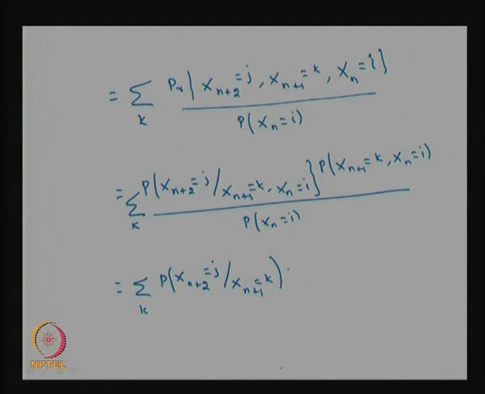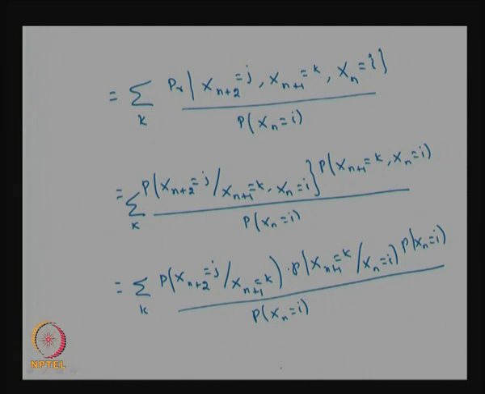So this conditional distribution involves only X_{n+1} and X_{n+2}. Similarly, I can write the joint distribution of these 2 random variables X_{n+1} and X_n as the probability that X_{n+1} takes the value k given that X_n takes the value i, times the probability that X_n takes the value i, whole divided by the probability that X_n takes the value i. So, this and this get cancelled.